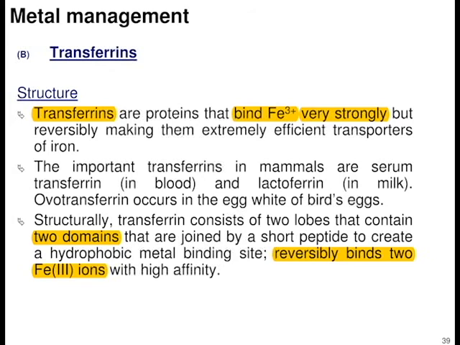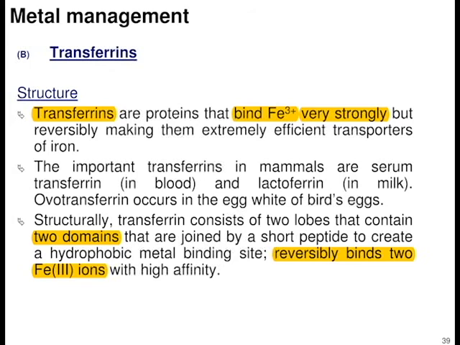It consists of 2 loops that contain 2 domains, and each molecule of transferrin can bind two iron 3+ atoms. So it's a Pac-Man.